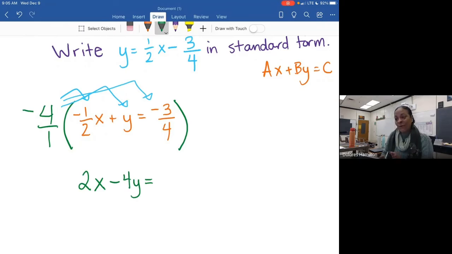And -4 times -3/4, well, the 4 on the top will cancel with the 4 on the bottom, and then I have -1 times -3, and that leaves us with 3. So here is our standard form for that equation.